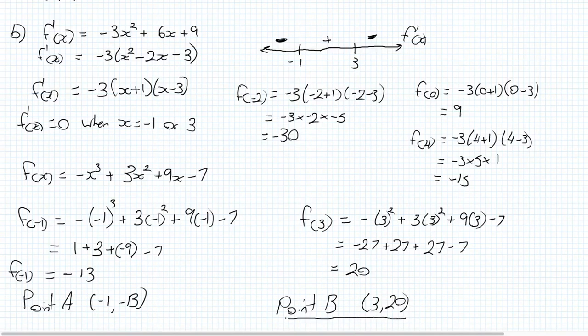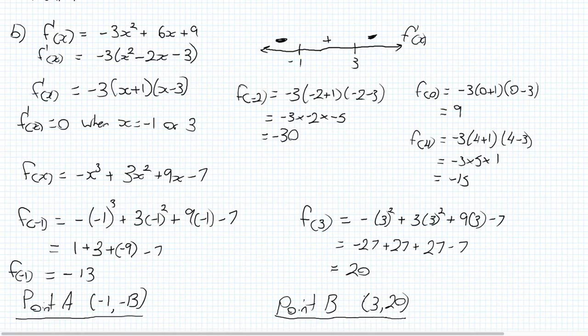So in a test situation or your exam, if you get a question like this, get your function, minus x cubed plus 3x squared plus 9x minus 7, graph it, and find what y is equal to when x is equal to minus 1.